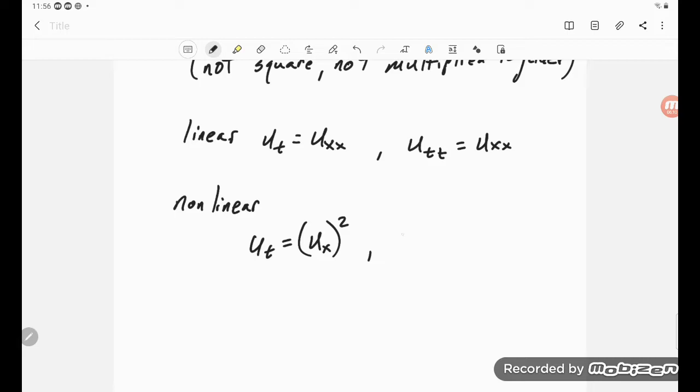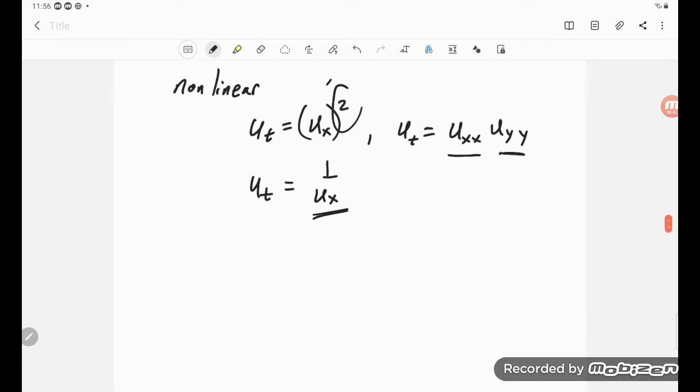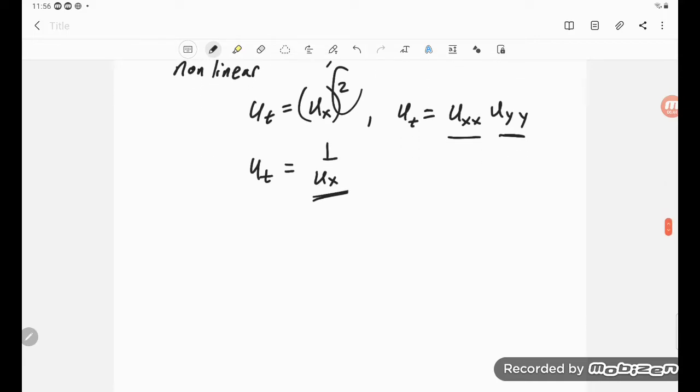If we had more variables, you might have u_t equals u_xx times u_yy, something like that. Or even just say u_t equals 1 over u_x. Those are all nonlinear because here we've got 2 multiplied together. There we've taken a power. Here we've got 1 over. And so none of those would be linear.